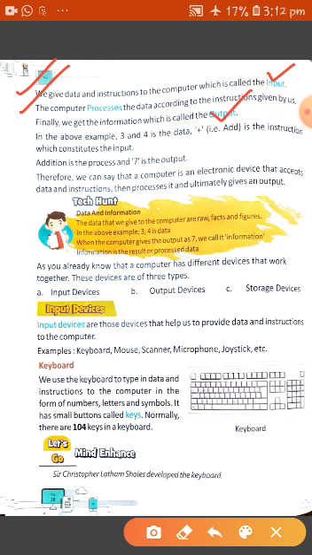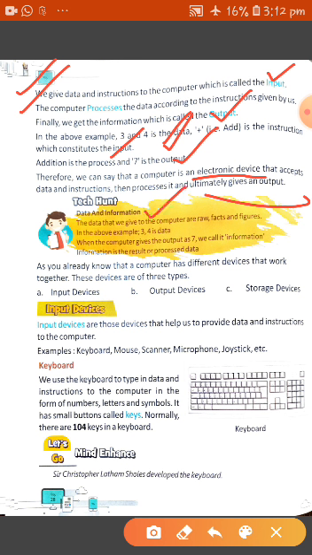So, in the above example, 3 and 4 is the data, and the instruction constitutes the input. Addition is the process and 7 is the output. Therefore, we can say that a computer is an electronic device that accepts data and instructions, then processes it and ultimately gives an output.